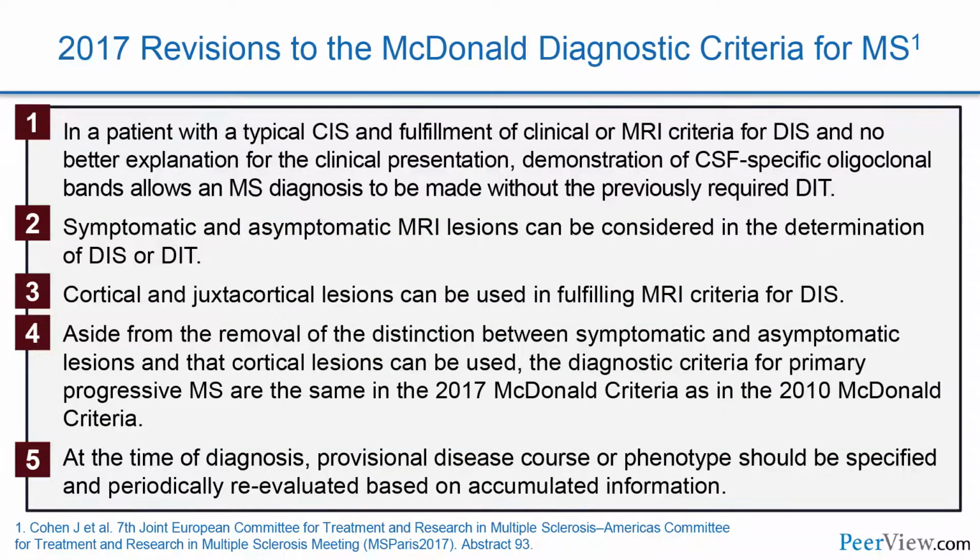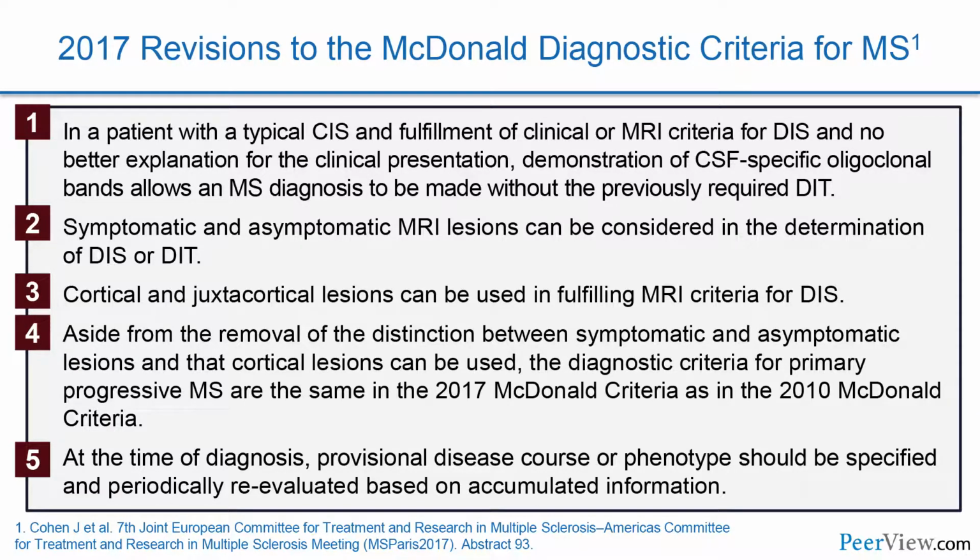Before we delve into all of that data, I would like to begin by discussing the 2017 proposed revisions to the McDonald diagnostic criteria for MS, which were also presented at the MS Paris 2017 meeting. The 2017 revisions can be summarized as follows.